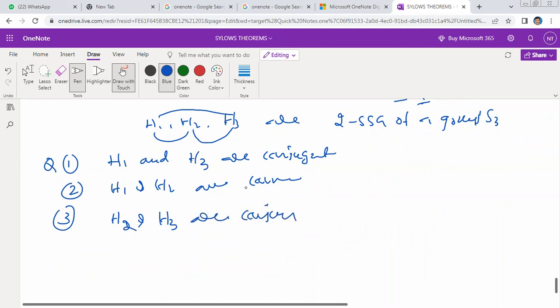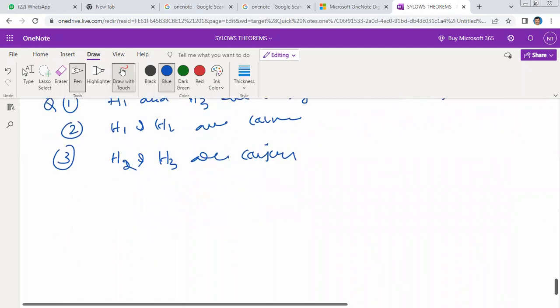By our definition, any 2 Sylow subgroups of a group G are conjugate. Now I am going to prove this. Let's see how to prove it. Now I am showing H2 and H3 are conjugate.